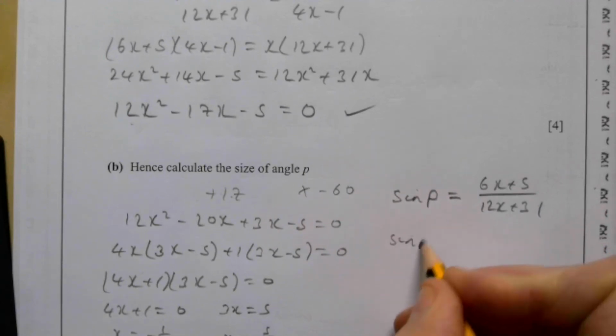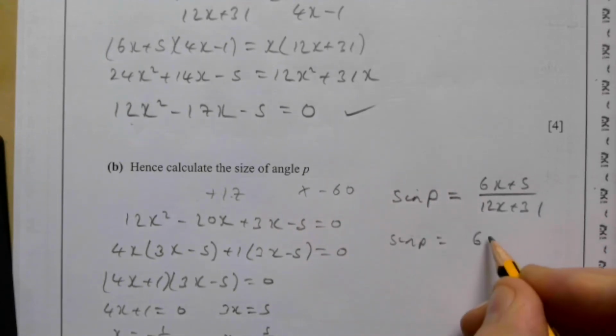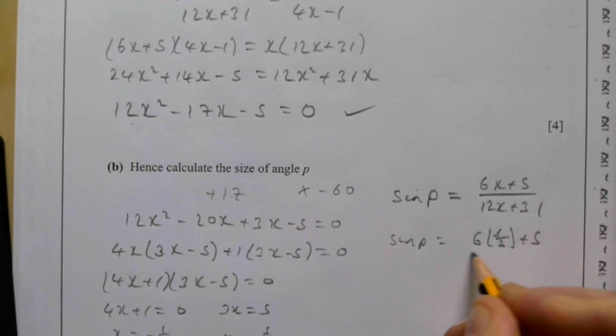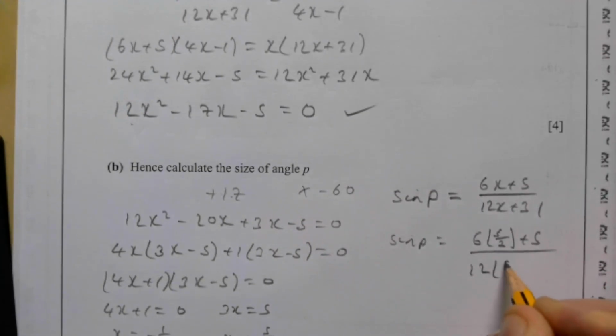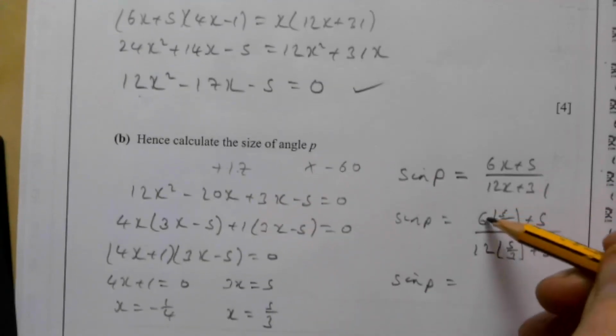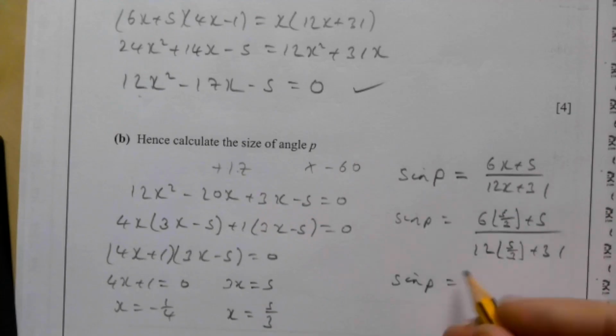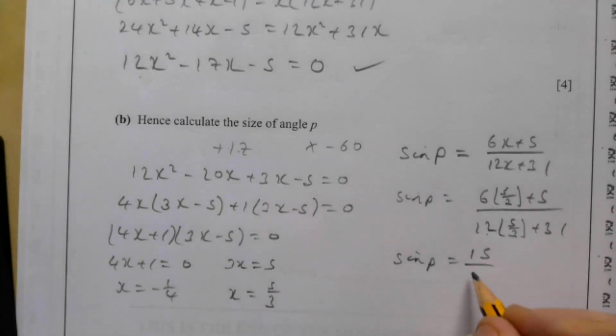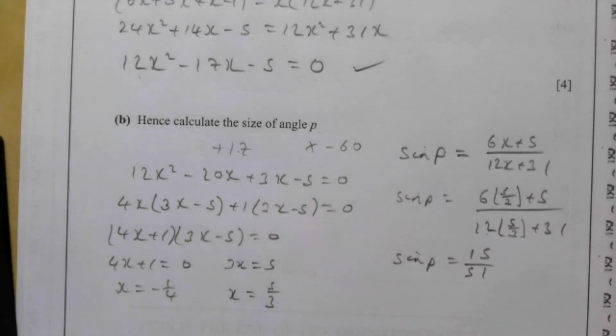So sine P is 6 times 5 over 3 plus 5, all over 12 times 5 over 3 plus 31. Let's see if we can work this out. Divide by 3, you get 2 times 5, 10, plus 5 is 15 on the top. Divide by 3, 4 times 5 is 20. 20 plus 31 is 51.